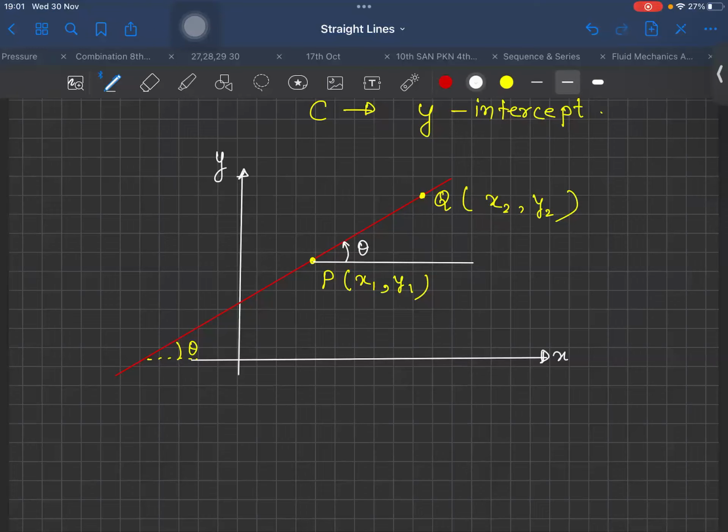The parallel line you are intersecting, so these two angles will be the same. They are corresponding angles, right? So slope, write down again: slope m is equal to y2 minus y1 upon x2 minus x1. This is your slope, or this is also tan theta.